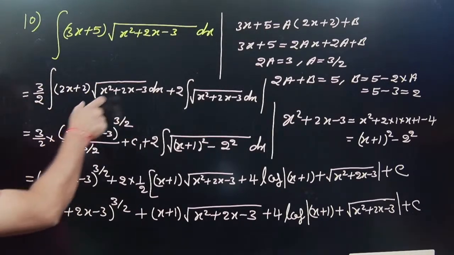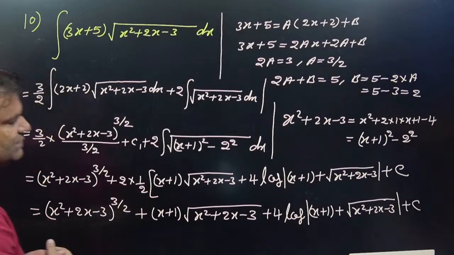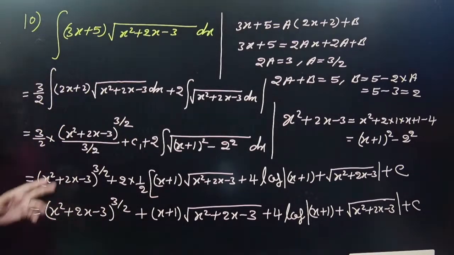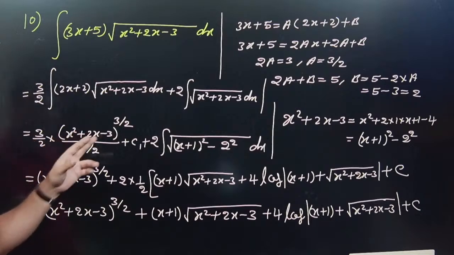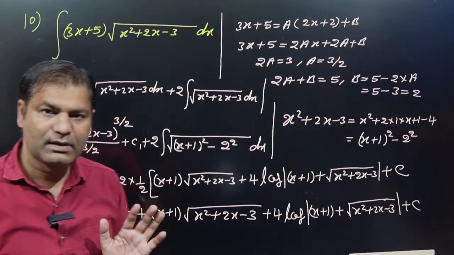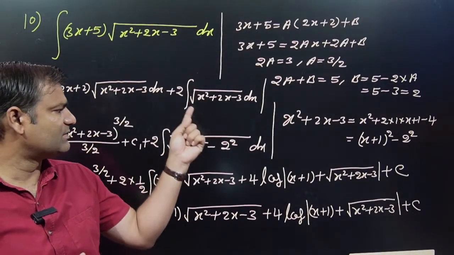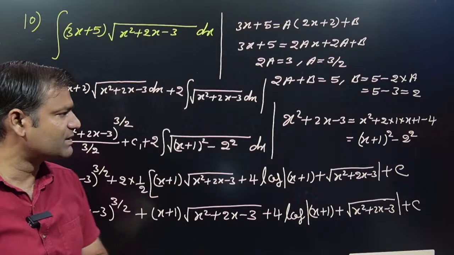Now if this one is t, then the integration of t to the power half is t to the power 3/2 upon 3/2, so these two cancel, and we get like that, where t is x square plus 2x minus 3. Now how can we integrate? Simply make this one a perfect square.